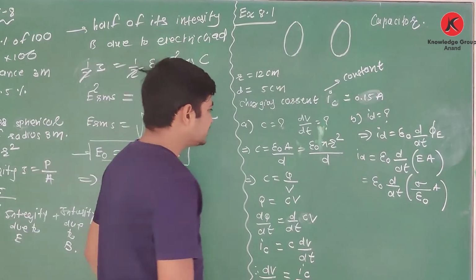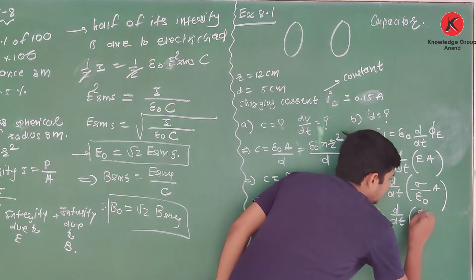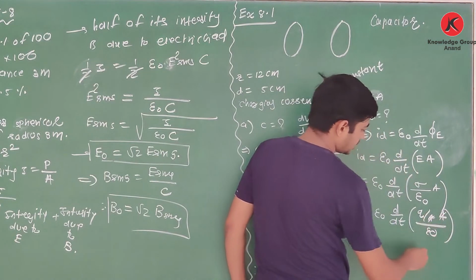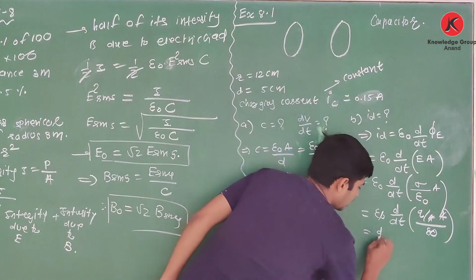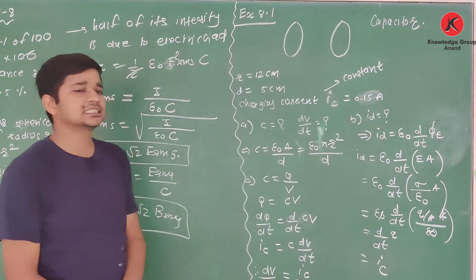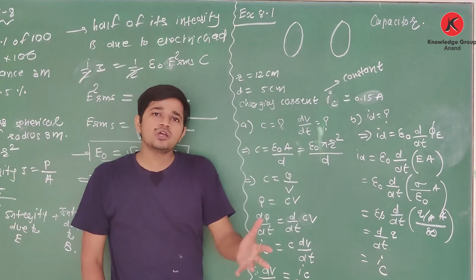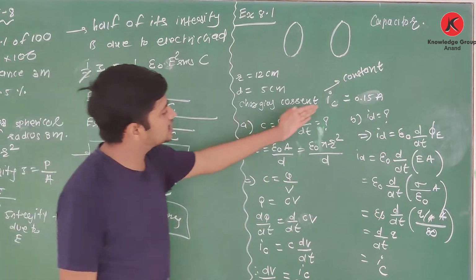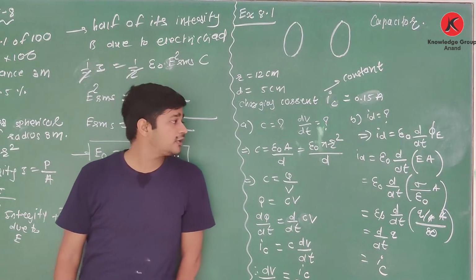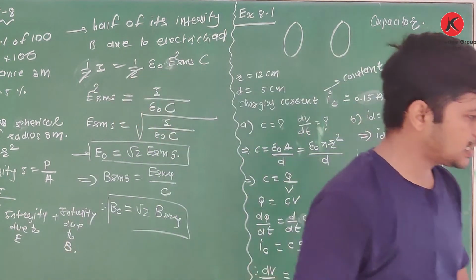Now sigma is Q upon A, so epsilon 0 A cancels with epsilon 0 and A. It is nothing but dQ upon dt, which means it is IC. So in this case ID is equal to IC. Displacement current is equal to conduction current, and you are given IC, that is 0.15 ampere. Clear about this? There are some easy questions. You have to remember equations and relations. Now next question.